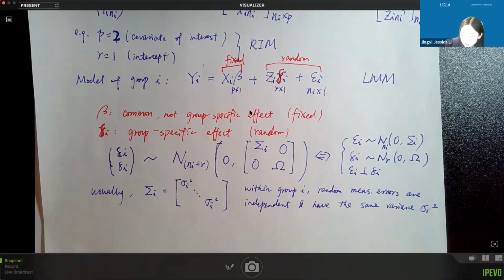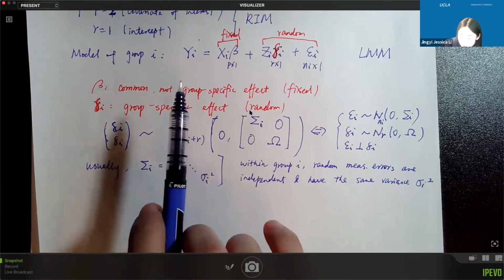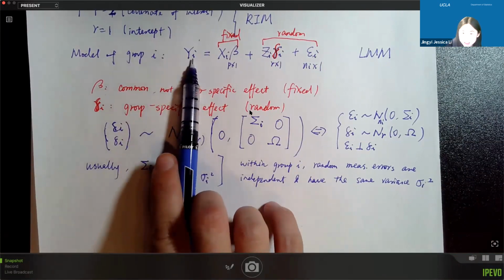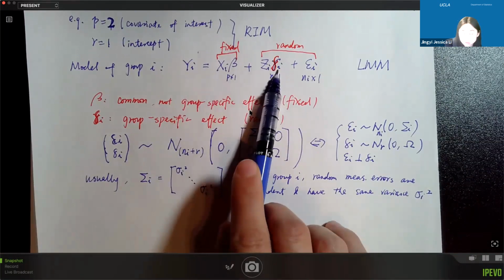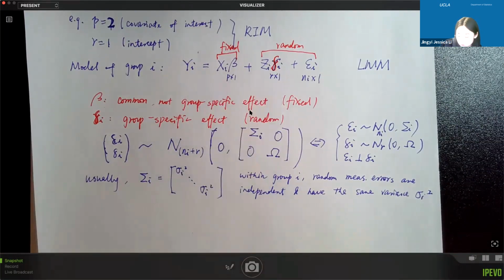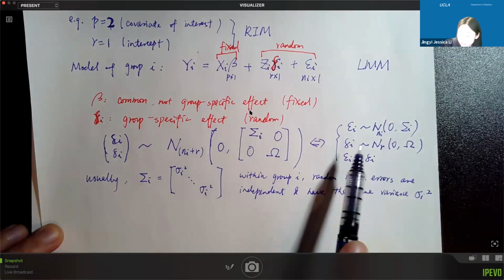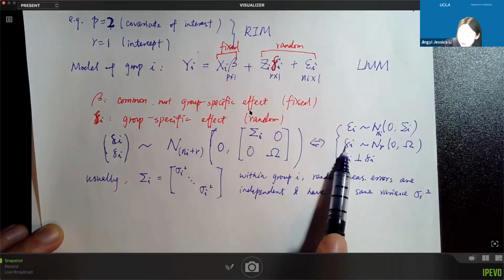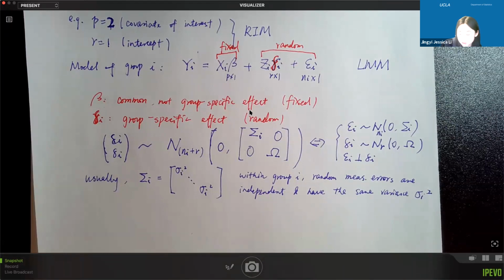Okay, you may do that, and you may even simplify this. For example, if I don't have many observations in group i, I cannot estimate delta_i well, right? So that's the reason we want to assume delta_i follows a common prior. We don't need to estimate individual delta_i, but we just need to estimate Omega. That's the motivation of this whole story.